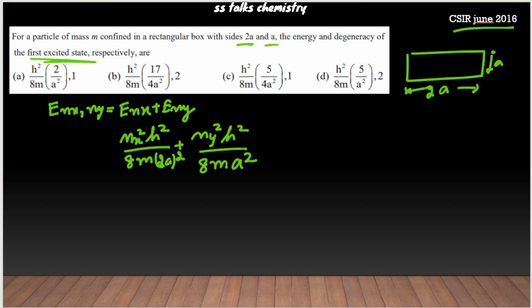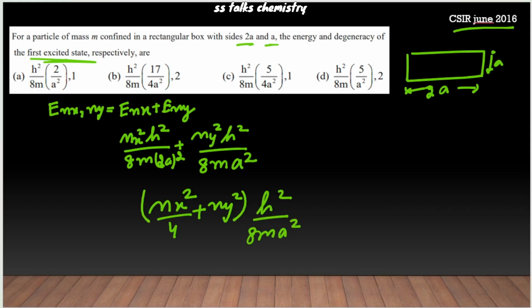Right? So h square upon 8ma square is common from both of these. So it will become nx square upon 4 plus ny square, into h square upon 8ma square. This is going to be the energy value.